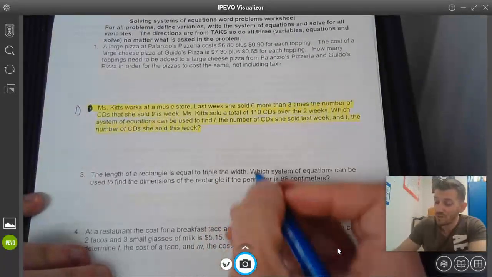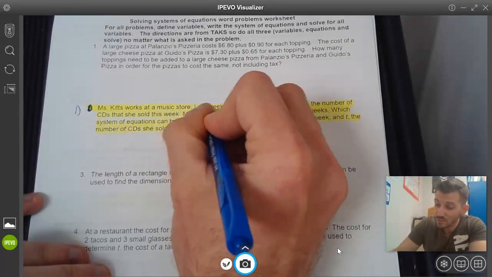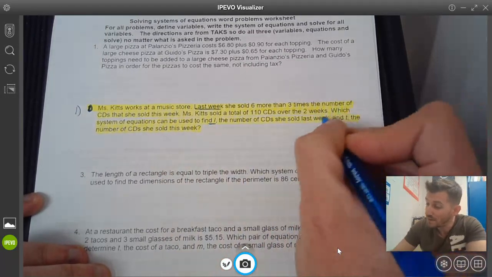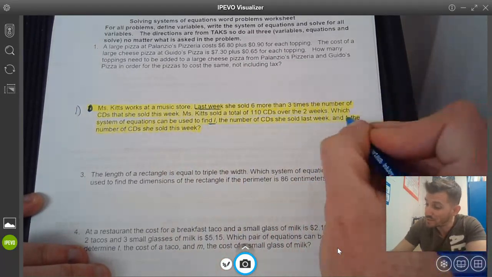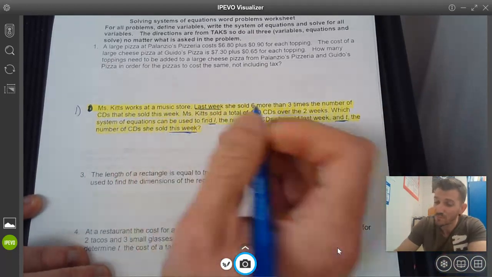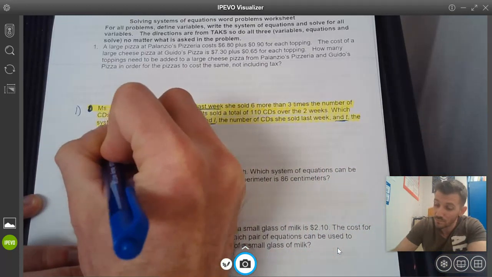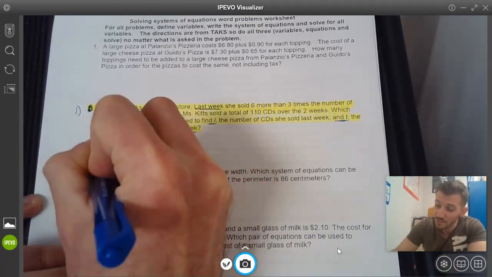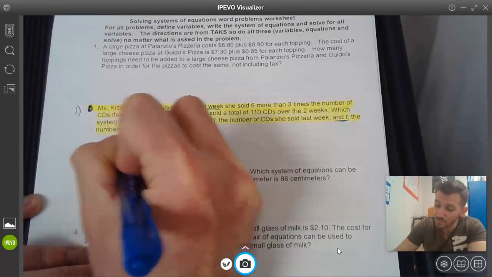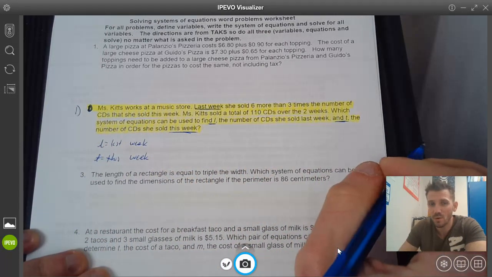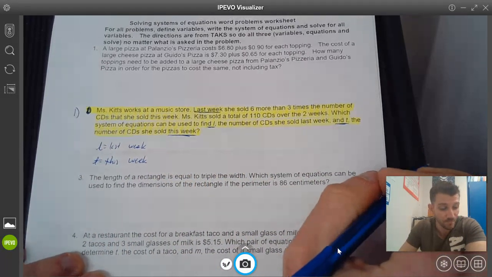For example, they have last week, which they're calling L, and then they have this week, T. So L is last week, T is this week. So let's try to figure out what we can write from that.